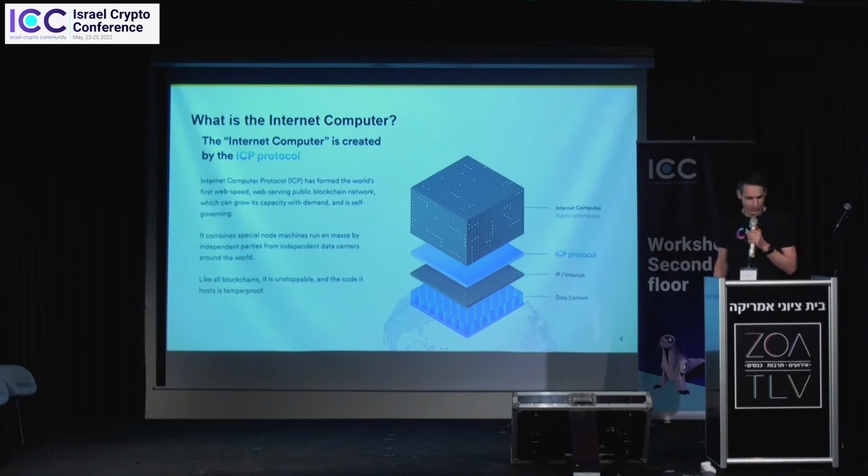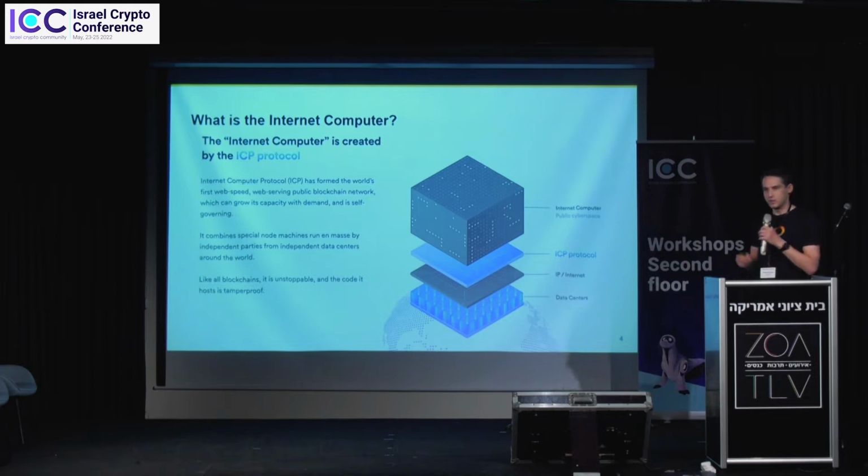Right, so what is the internet computer? So the internet computer is a level 1 blockchain network that's formed by the internet computer protocol. And because it's not just a single blockchain, but a blockchain network, it is infinitely scalable. So whenever we have too much load, we can just spawn another subnet, another subchain, and execute transactions in parallel.